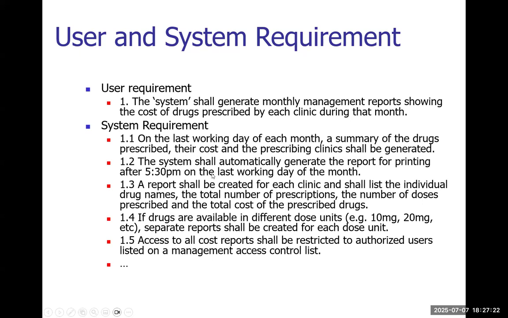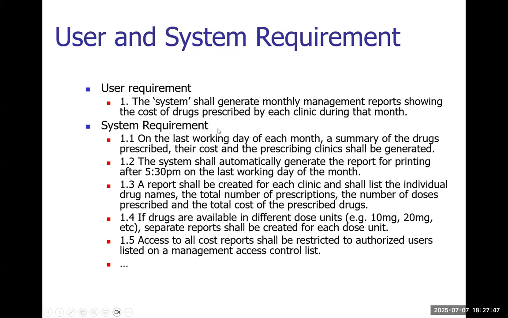You may ask where I get this detailed information from. This is the bridge. We need to build a bridge between the user and the developer. Developers develop based on the system requirement to design the software and write the source code. They cannot just rely on the user requirement, because it is too general.